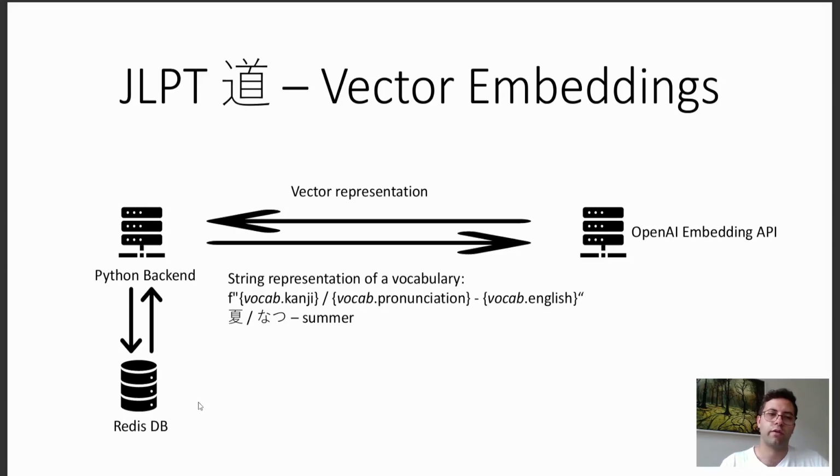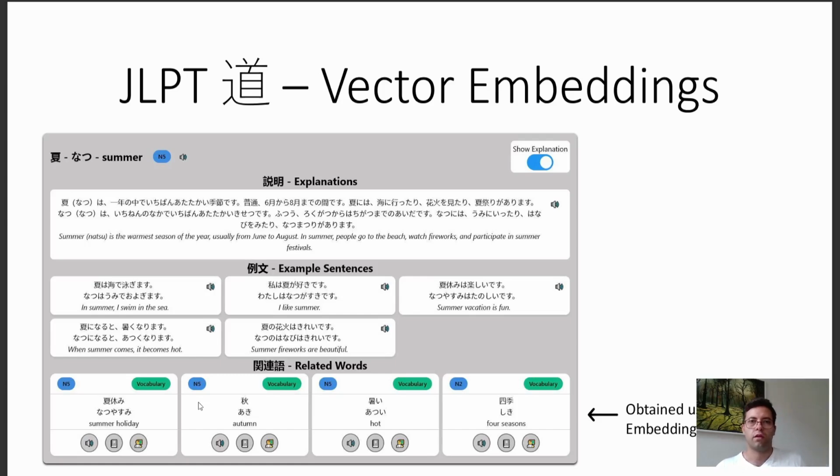And now let's look at how these vector embeddings are used. Okay, on this screen you see the vocabulary explanation for the vocabulary summer. So here we see the name again, Natsu, summer. We see an explanation, example sentences, and here at the bottom we see related words.